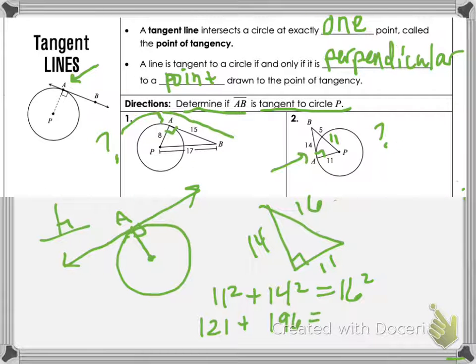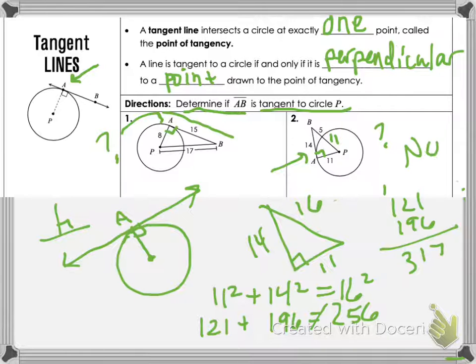And we're trying to figure out if that equals 16 squared, which is 256. So add up 121 and 196. And I can tell already it's not going to work. So that is not equal. So this one's a big no. It is not tangent. This does not make a 90-degree angle. And we go about our day.